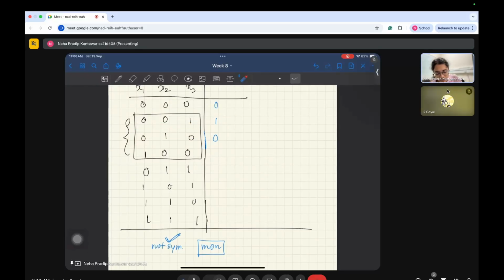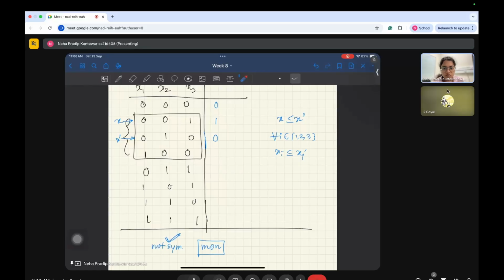But if I call this x and this x prime, is x less than or equal to x prime in that order? Because for every i in 1, 2, 3, xi should be less than or equal to xi prime. But here this is not the case, right? So these are incomparable.